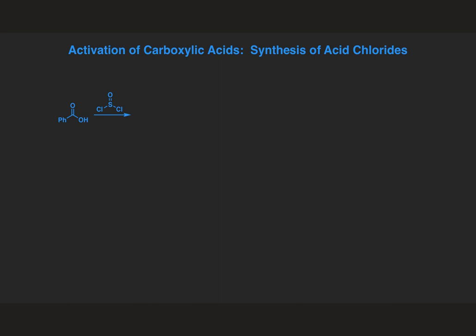So when we converted an OH of an alcohol into an alkyl chloride, we used thionyl chloride. We can also use thionyl chloride to convert the OH of a carboxylic acid into a chloride.